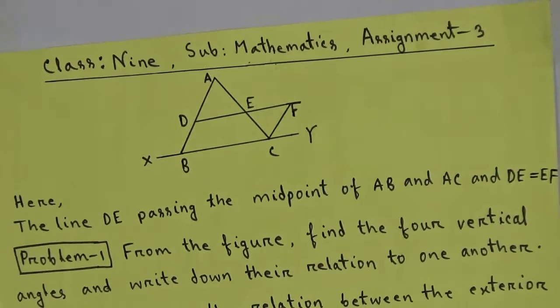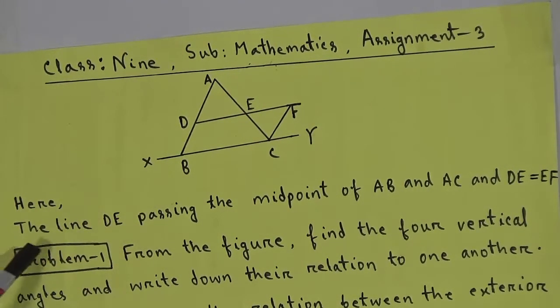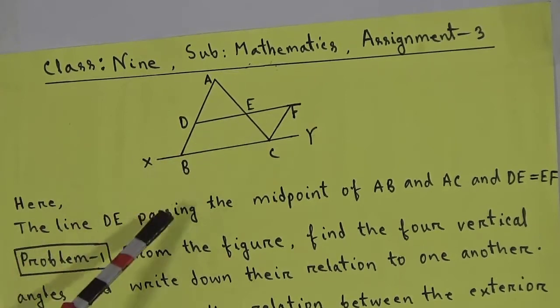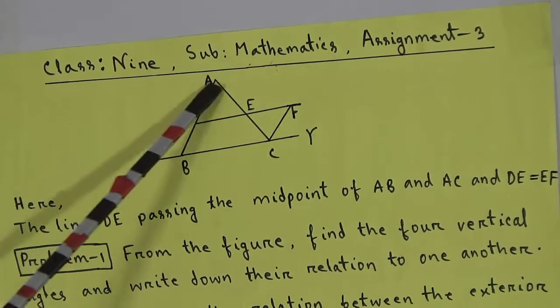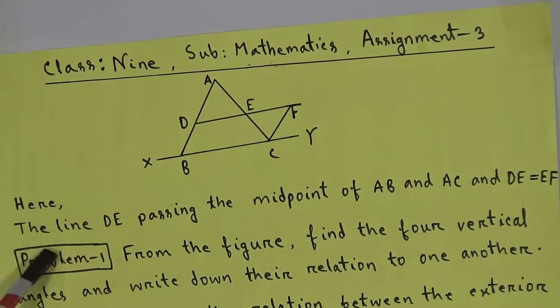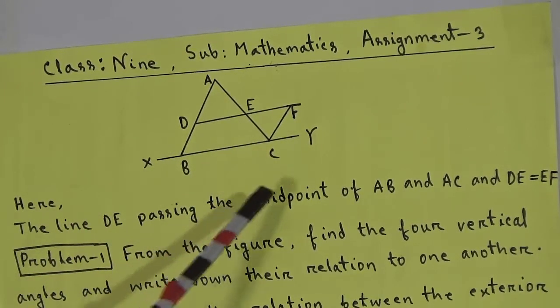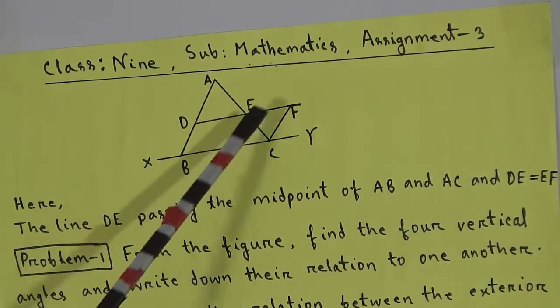At first I will read the question of the assignment. Here you are watching a figure and the line DE passing the midpoint of AB and AC. Here the midpoint of AB is D and the midpoint of AC is E. The line DE passes through the midpoints of AB and AC, and DE is equal to EF.